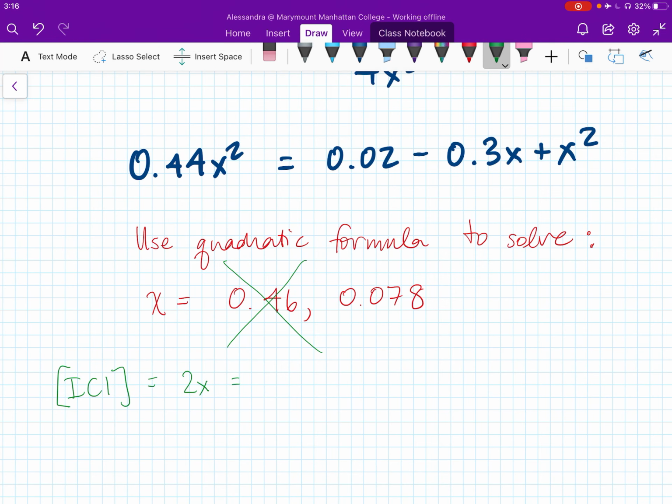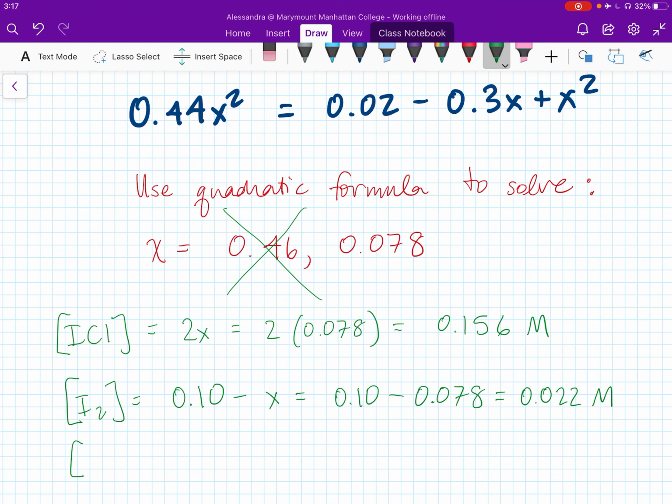The iodine concentration is equal to 0.10 minus x, or 0.10 minus 0.078, which gives me a concentration of 0.022 molar for the iodine at equilibrium. And finally, the chlorine concentration is 0.20 minus x, or 0.20 minus 0.078, giving me an equilibrium concentration of 0.122 molar for the chlorine.